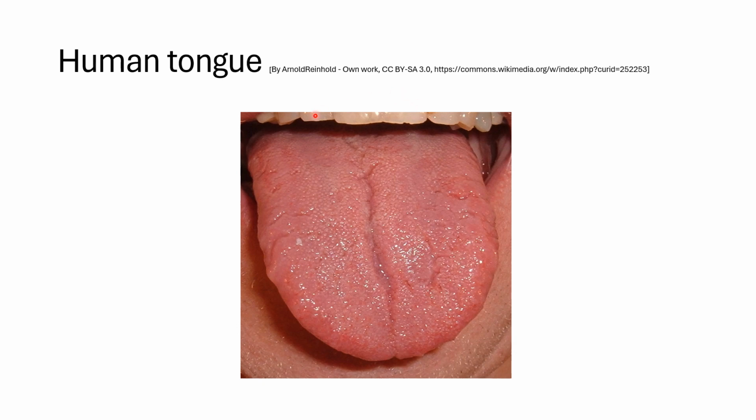We have seen from the picture before that there was a sulcus terminalis, which is a V-shaped sulcus, and in front of the sulcus, as we will see in the next slide, there are papillae, and every papilla has a specific place. So in front of this sulcus, the big papillae you see are called the vallate papillae, which were previously called the circumvallate papillae.